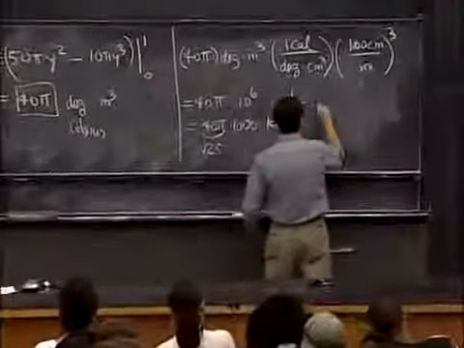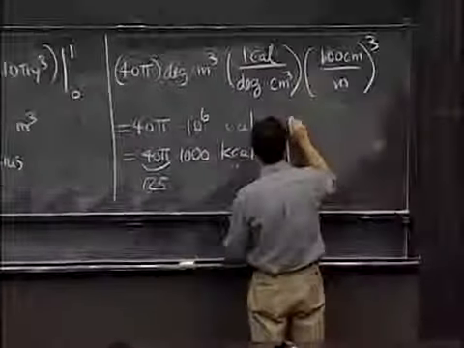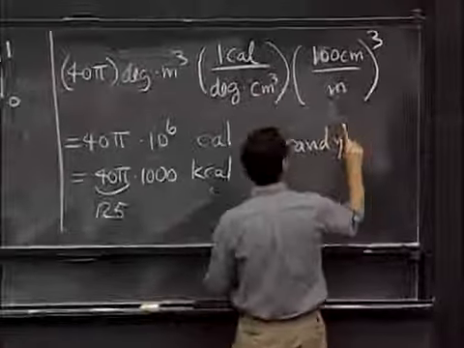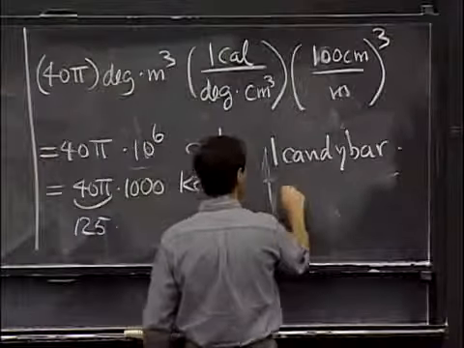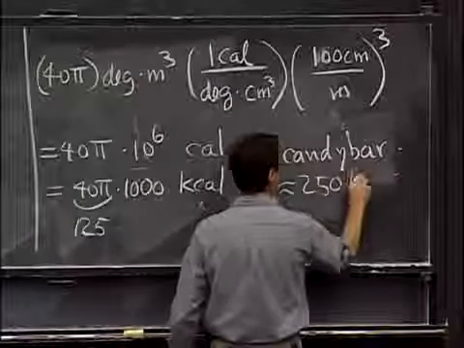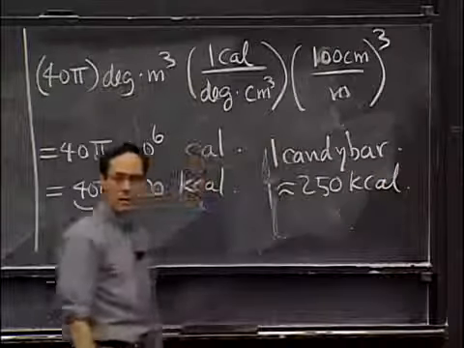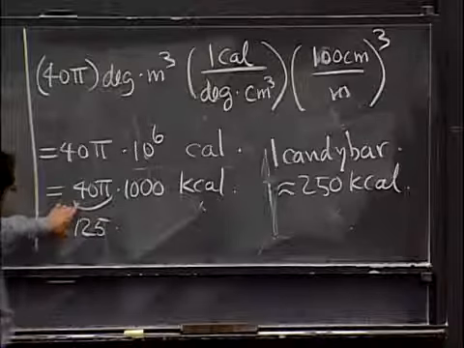And so one candy bar, this is a Halloween example. So one candy bar is about 250 kilocalories. All right? So this is a half a candy bar.